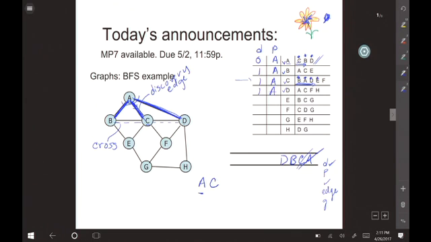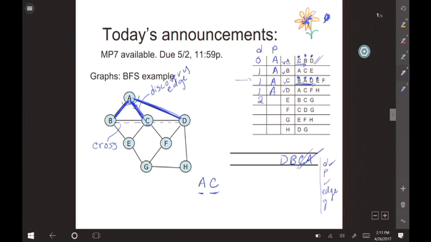And we move on to E. Have we seen E before? No. Oh boy. Okay. E is new. So we're going to do all of these things. We're going to update its distance as 1 plus C's distance, which is, so I'm going to put in a 2 here.